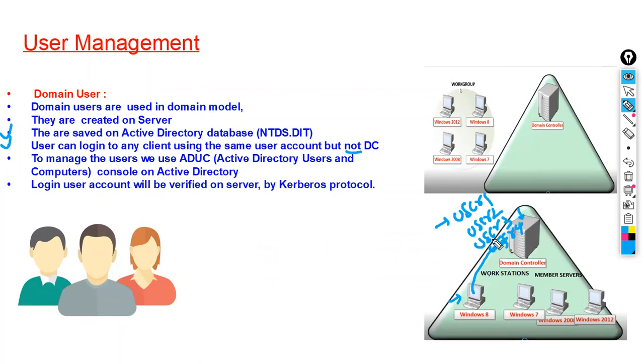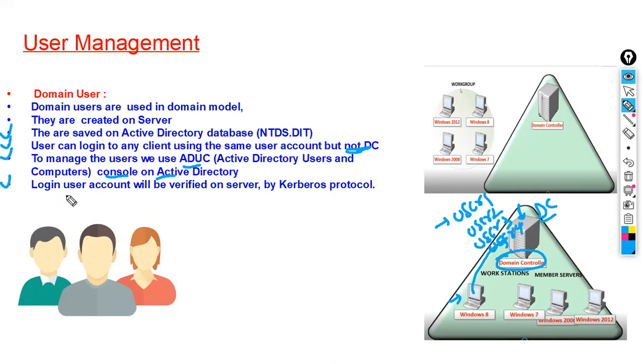So these are the normal users and they can access all the clients in your network, but they can't log on to this domain controller. Only the administrators can log on to the domain controller. Okay, you need to remember this point. And to manage the users, we use ADUC, Active Directory Users and Computers Console. We will see what is the meaning of this ADUC console when we create the users on Active Directory.